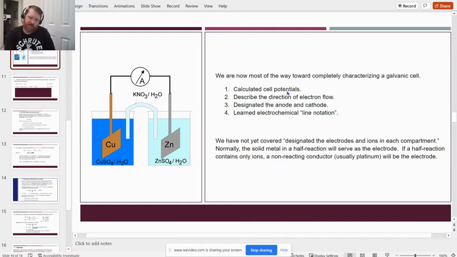Yes, the voltage needs to be positive when we add them together. The anode is where we're losing electrons. The cathode is where we're gaining electrons. We have to have one of each. And then this last thing, line notation, just shows how the electrons are moving around.